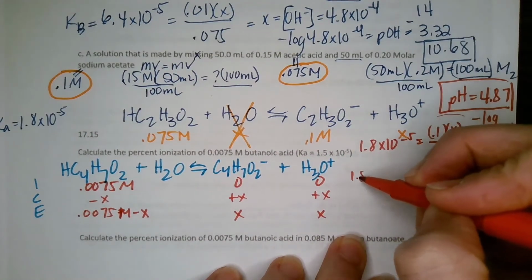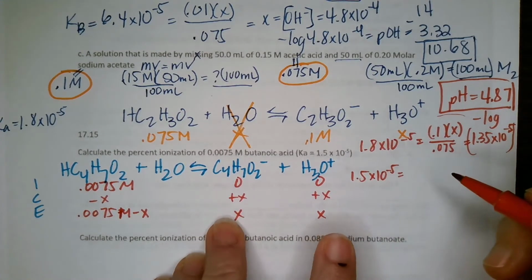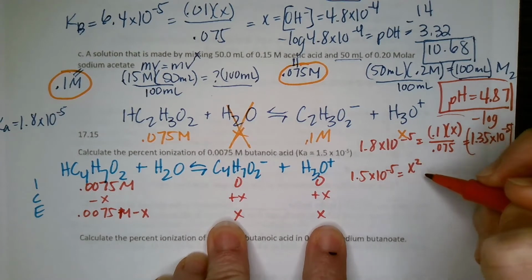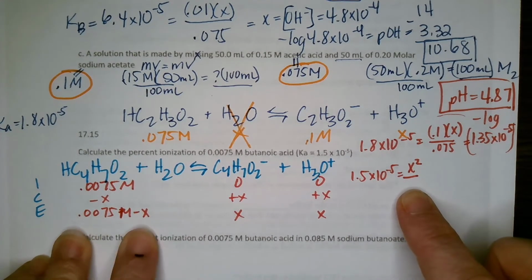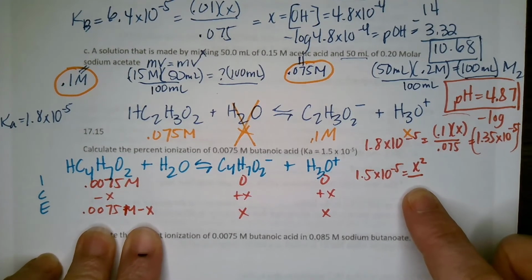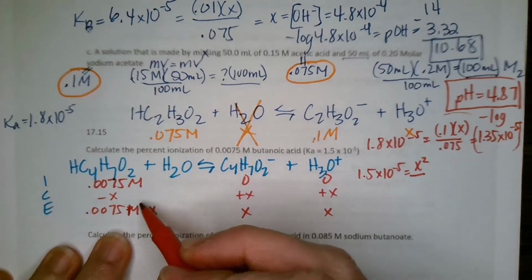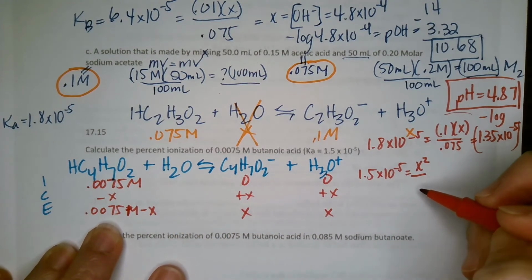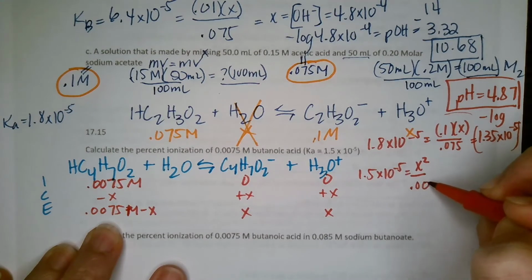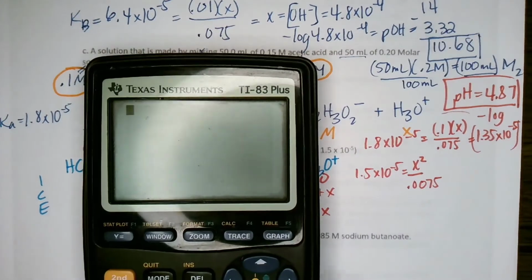So I can set up my Ka, 1.5 times 10 to the negative 5, equal to my products, X times X, which is X squared, over 0.0075 minus X. And remember, to check our 5% rule, we're going to assume that X is so negligible to subtract from there that we just leave it off, 0.0075.